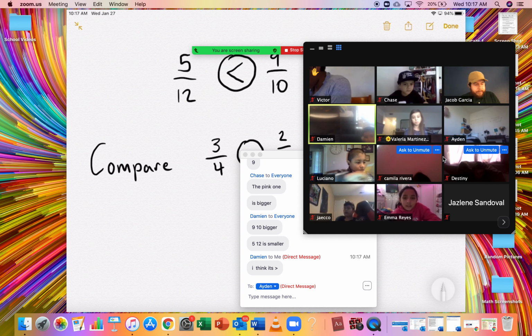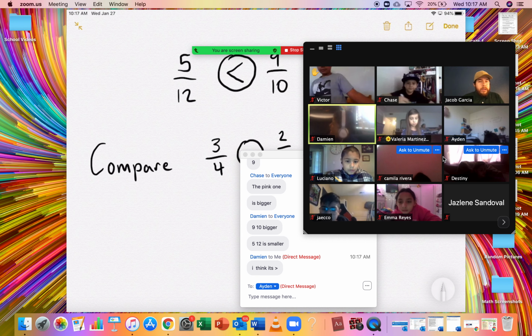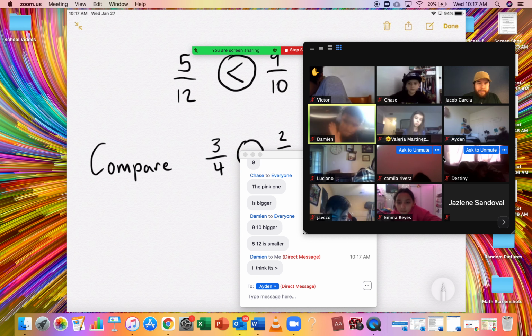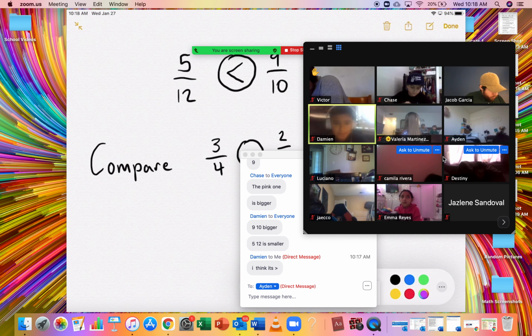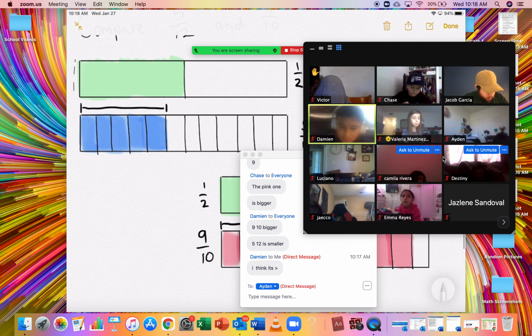Remember, use a benchmark fraction to help you figure out which one is the larger one.